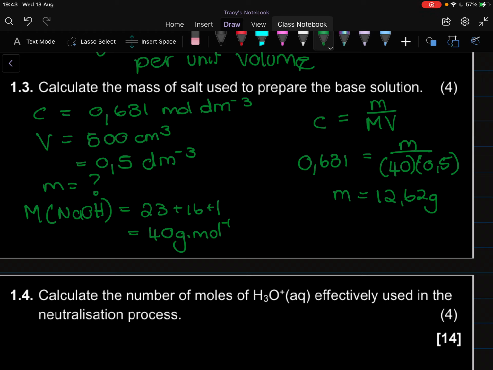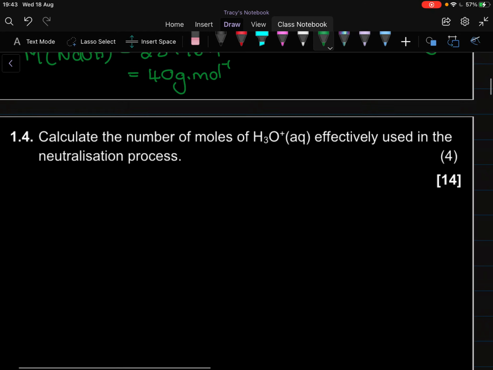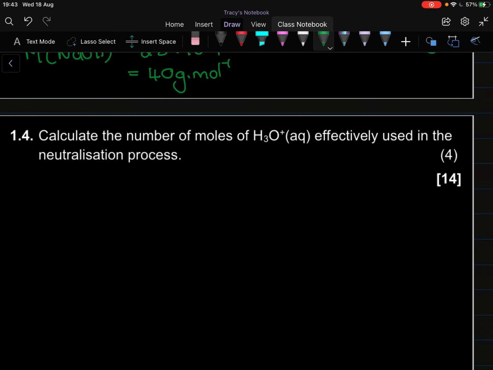Okay? Quite nice. With these questions, it's about taking this one step at a time. And essentially, in this question, 1.1 and 1.2 were the acid-base questions. 1.3 and 1.4 are actually stoichiometric calculations. That's what it is. Okay.